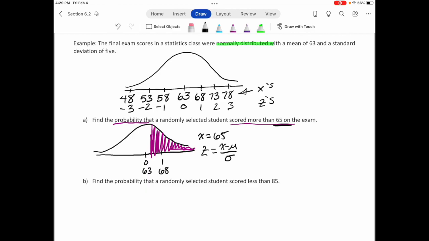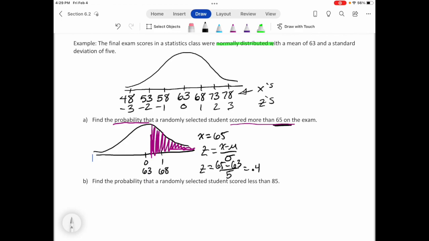So I use my formula. My X value is 65, my mean is 63, and I'm going to divide by 5. So I know my value of Z is 0.4, which makes sense because we knew based on our picture that it should be between 0 and 1.